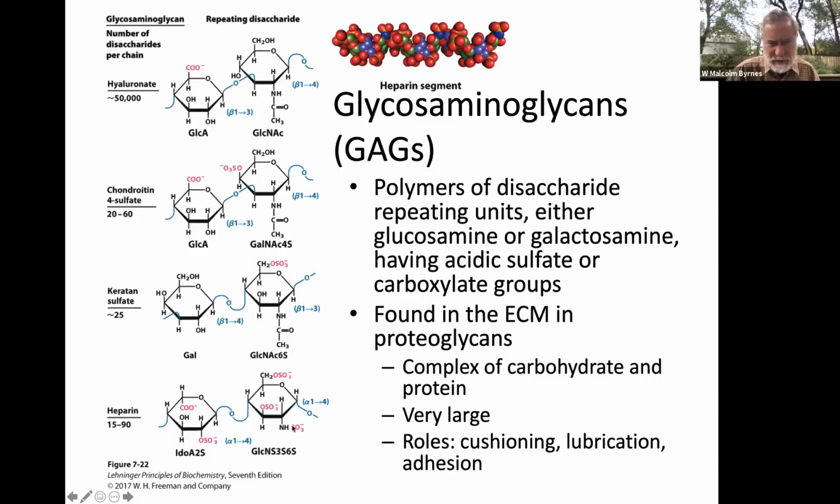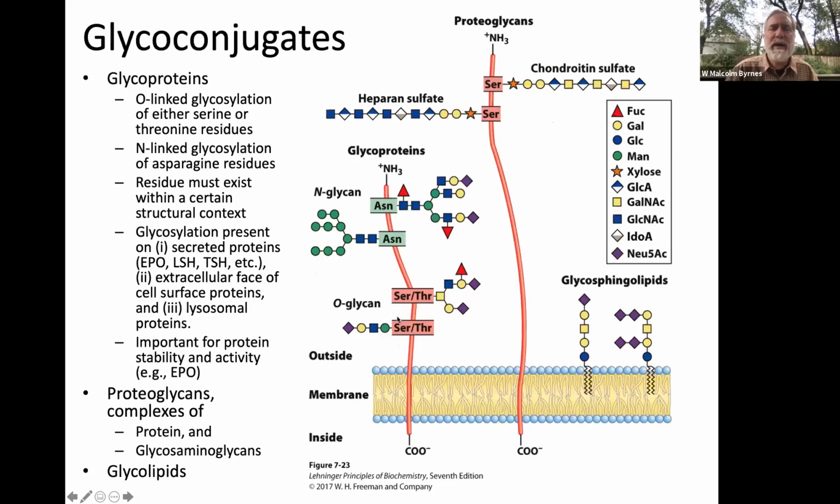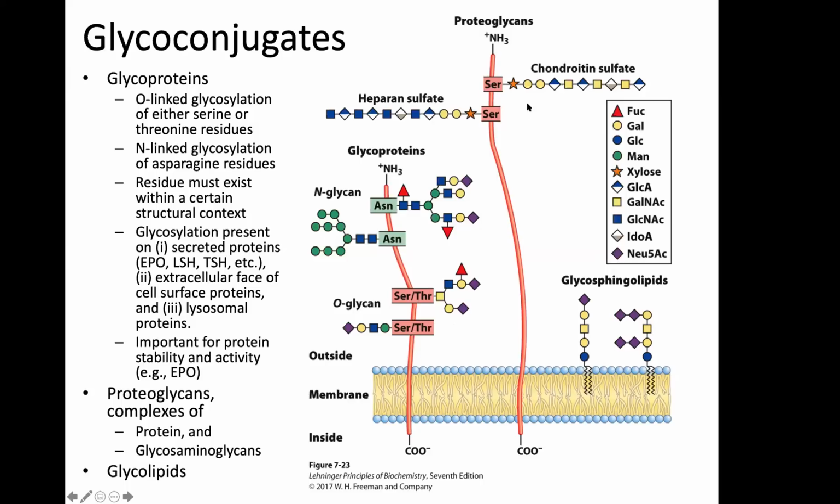So here's a sulfur here on the amino group itself, see that? There's a sulfate on carbon 3, and there's a sulfate on carbon 6. And it's connected by an alpha-1,4 linkage to the next disaccharide. So these are so-called glycosaminoglycans. And they're found in what are called proteoglycans. So proteoglycans are an example of what are called glycoconjugates.